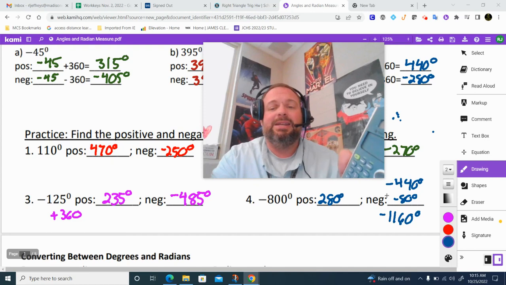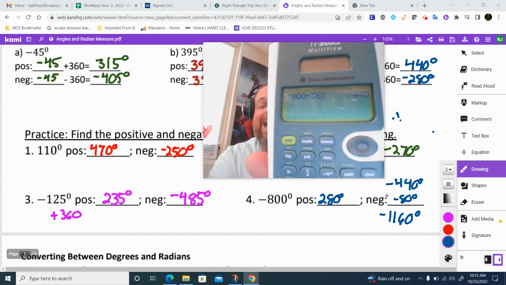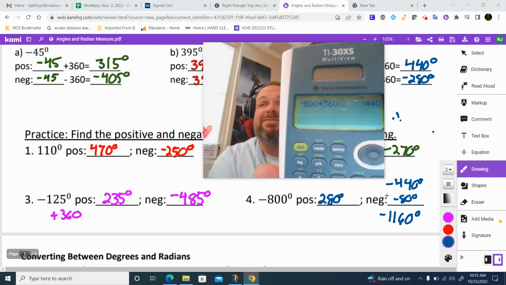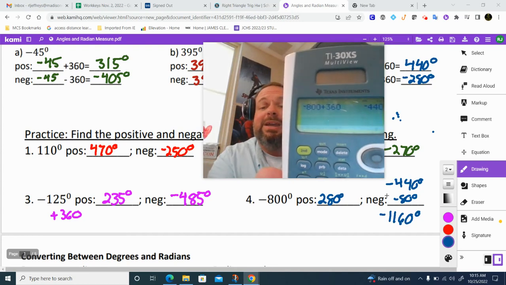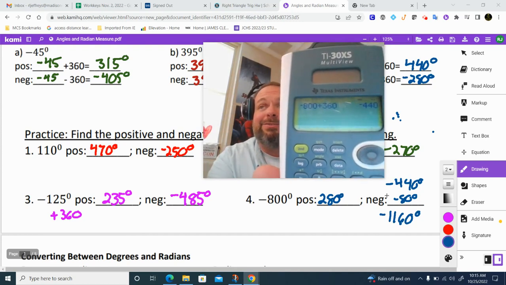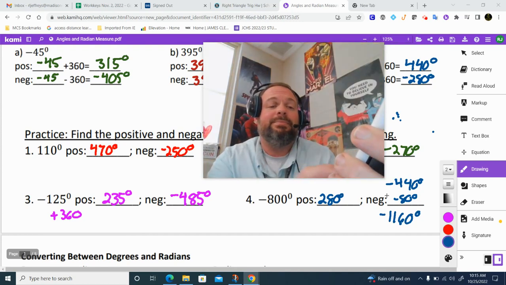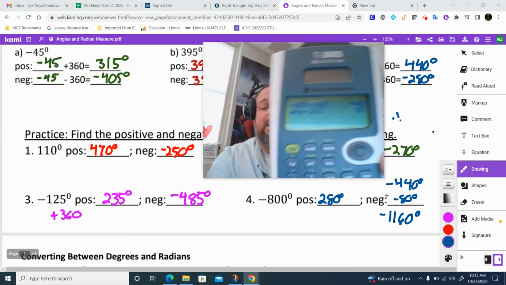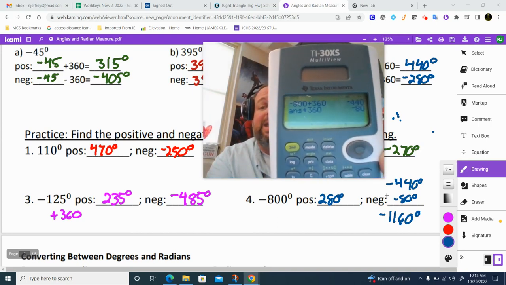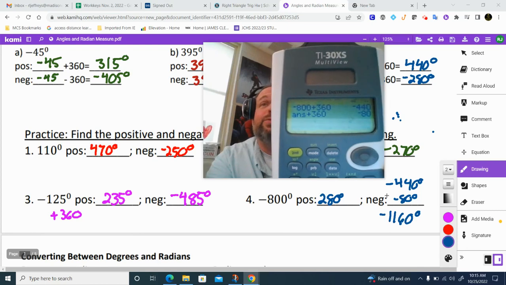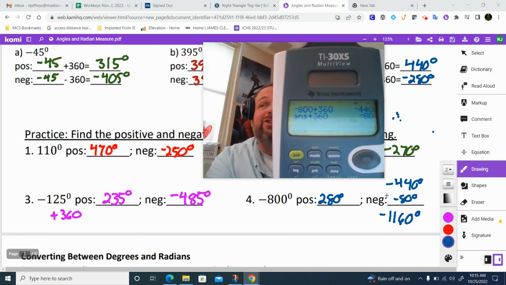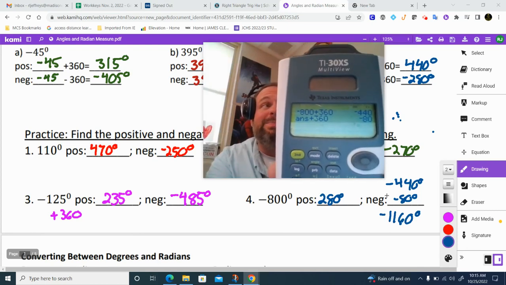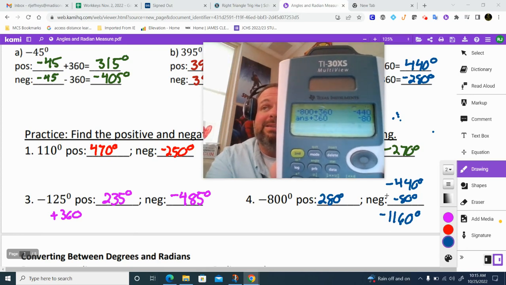So I said that I added 360 and I get a negative number. And remember how I said to keep adding 360? All these angles are negative, so they can be one of these things.